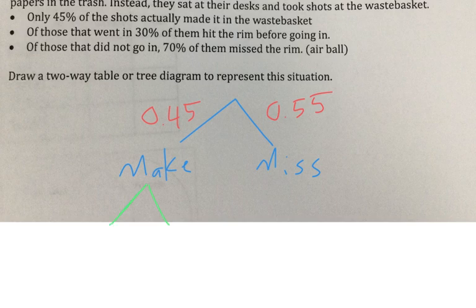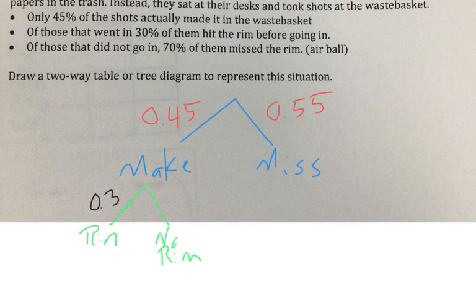And now, what could happen? What's the other thing we're tracking? If we made it, what else are we looking at? Rim, no rim. Were those equally likely to occur? No. On a make, what percent hit the rim? 30.